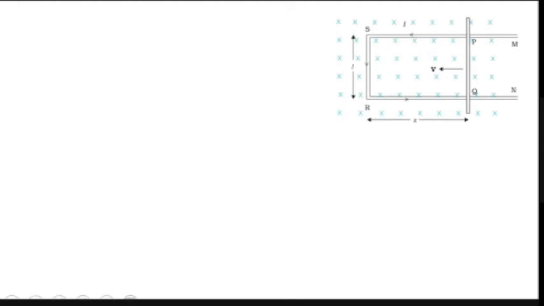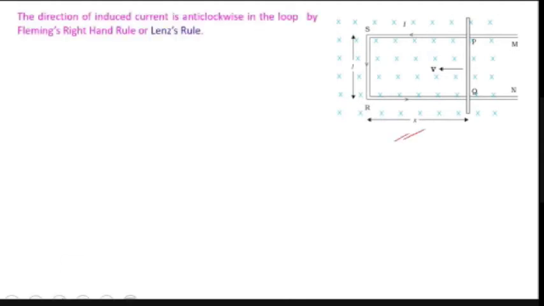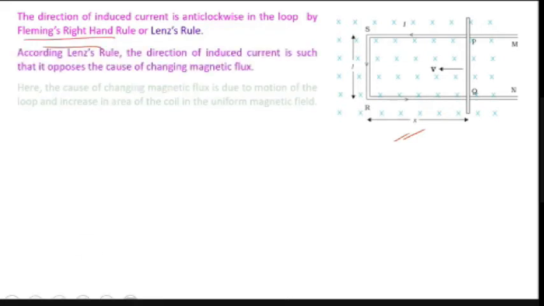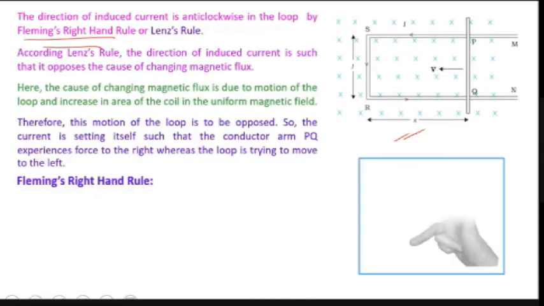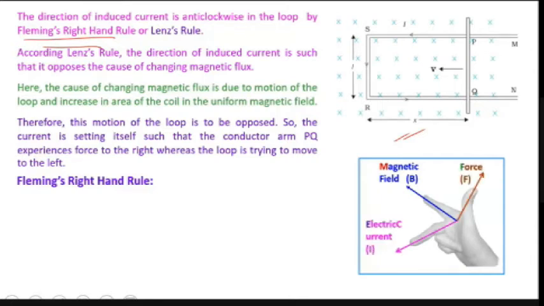So I will describe this diagram later. First let's discuss Lenz's law. Here the direction of induced current is anti-clockwise in the loop by Fleming's right hand rule. So first let's discuss Fleming's right hand rule, and then we'll come back to this slide. If you stretch your right hand such that the forefinger gives the direction of magnetic field, then the thumb gives the direction of force, and the electric current is given by the direction of the central finger.